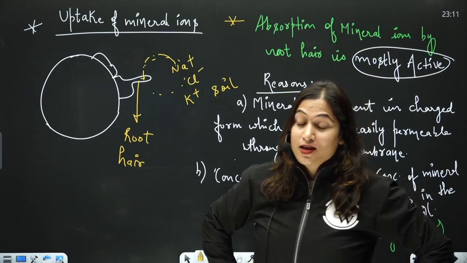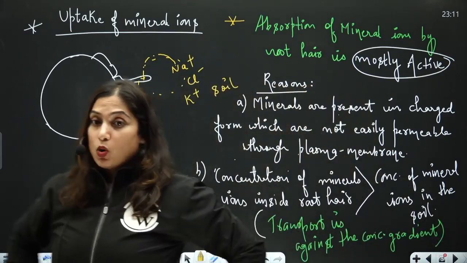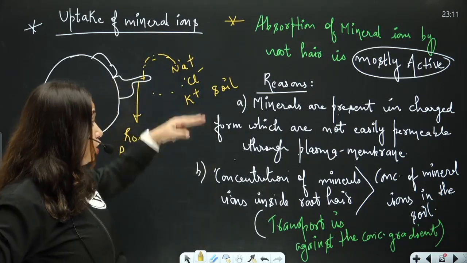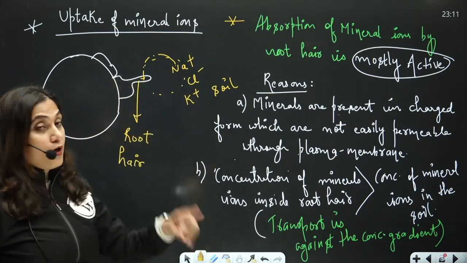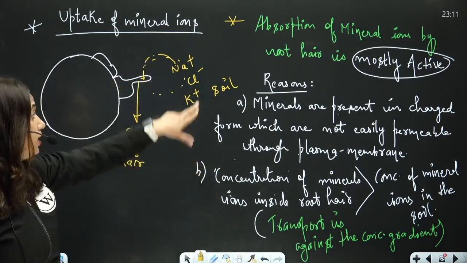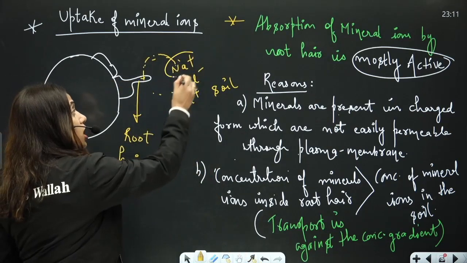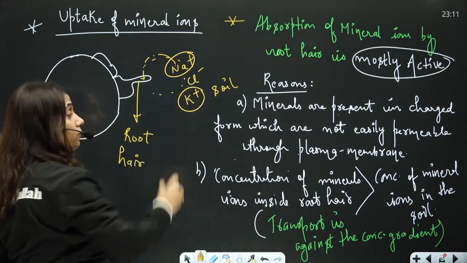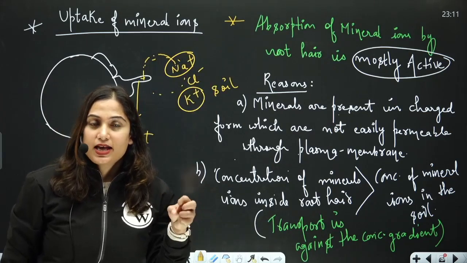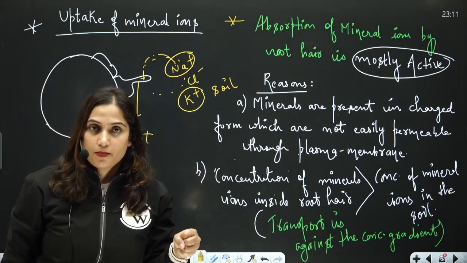Actively. Now the question comes, what is the reason that mineral ions are absorbed actively? Two important reasons. First, the mineral ions in the soil are present in the charged form, and the charged form of ions is not easily accepted by the plasma membrane.